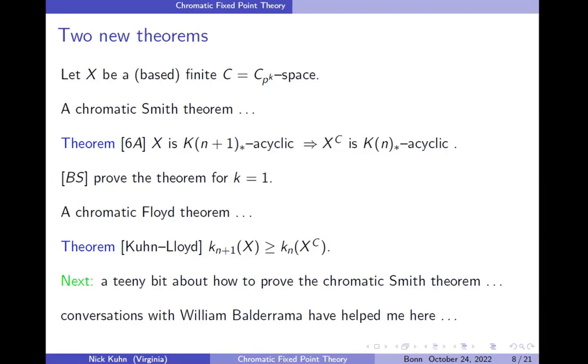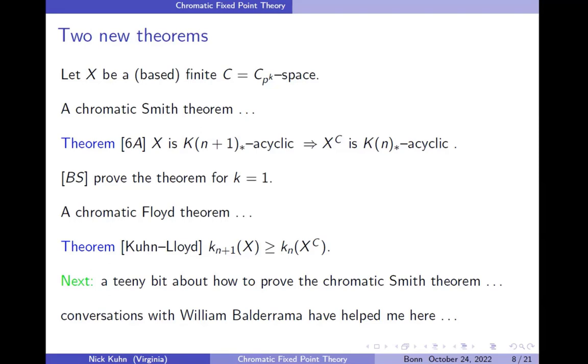Probably the authors would agree with me. They're also doing it for a general abelian P-group, which we'll see for certain purposes is not necessary. But anyway, I wanted to understand the proof itself, and I came up with something.